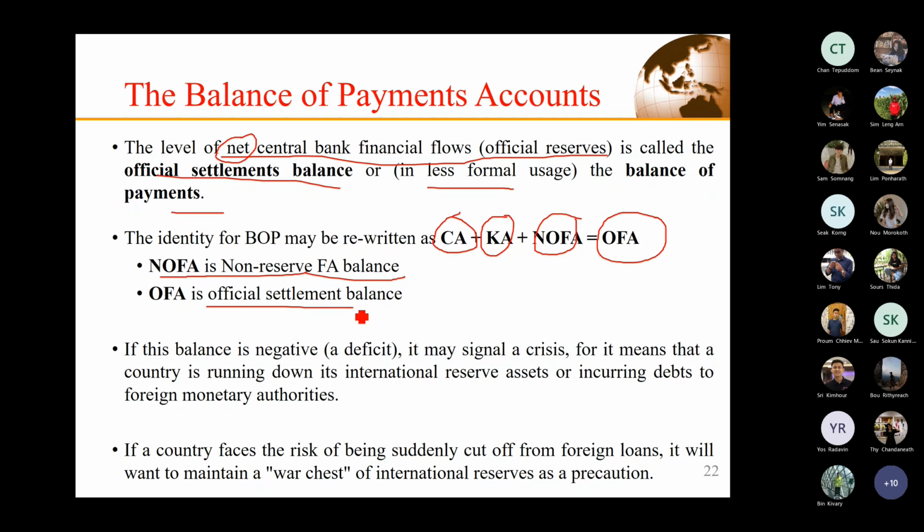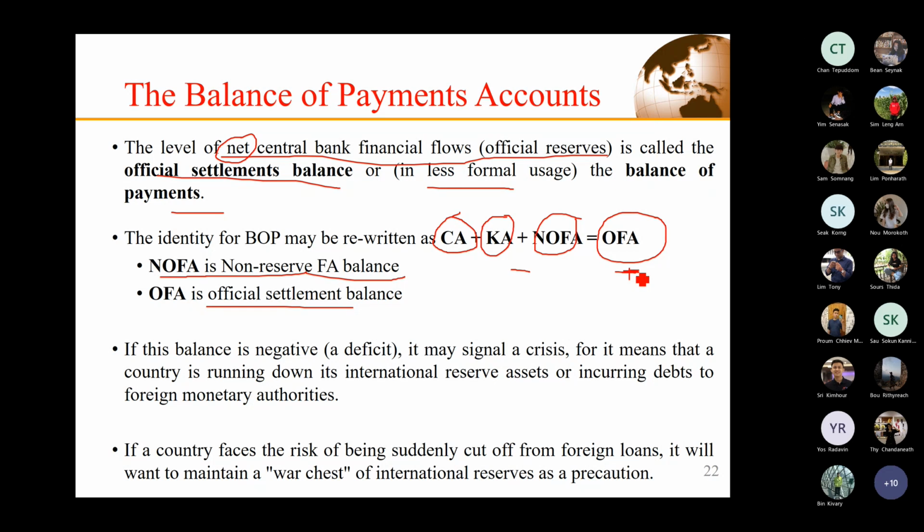So if this part becomes, let's say, a credit, a minus, then you know that this one would become the opposite. Also this must be minus, because they have to add up to equal 0.